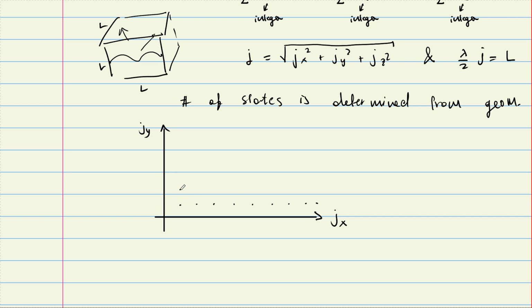These integers, and there are many dots here, something like that. I don't know if you can see these dots. Yes, you can see it. And we can just duplicate and duplicate, something like that, right? The dots are supposed to be in the limit of jx and jy going to infinity. The spacing between the dots is actually much smaller, but for demonstration purposes, I exaggerated a little bit. And there's also jz, which is not drawn.